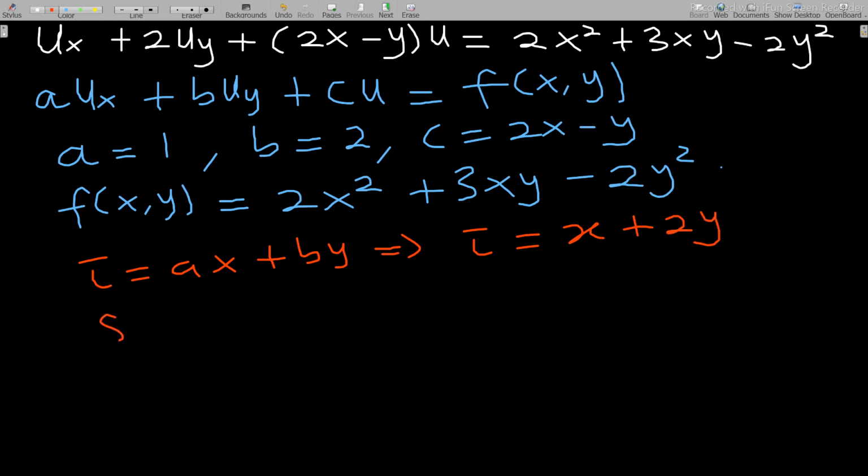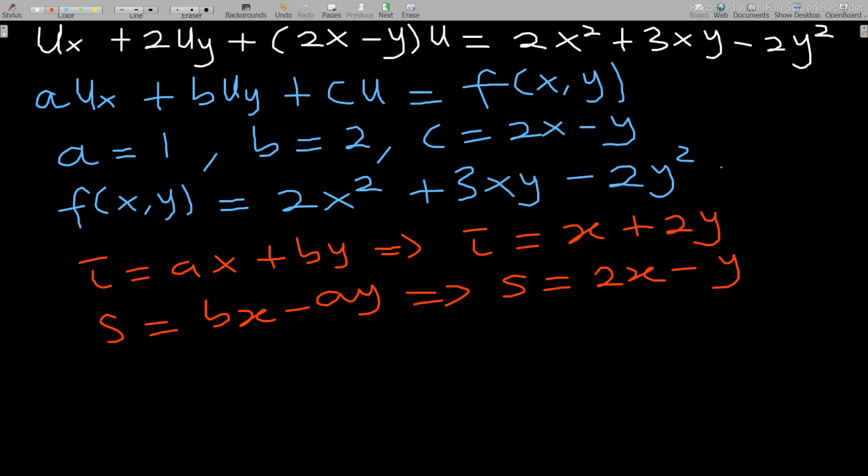And we said our s is equal to b x minus a y, and this implies that our s is equal to b is 2, x minus a is 1, y. And we said our whole differential or PDE or partial differential equation will change to the form a squared plus b squared. But let's first solve for our x.